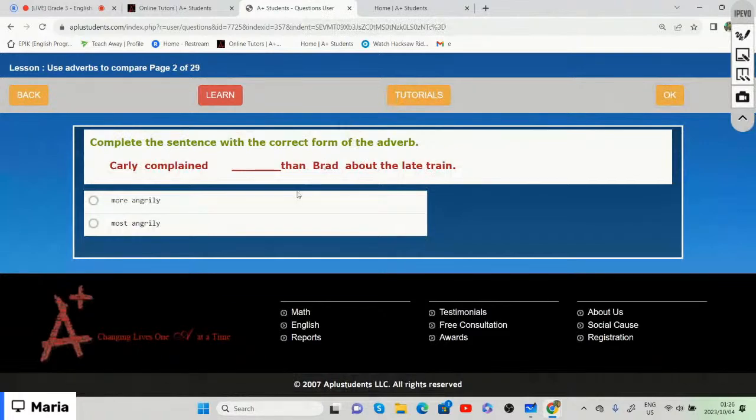Carly complained than Brad about the late train. So we are now comparing Carly's complaint to Brad's. So we're comparing two actions.